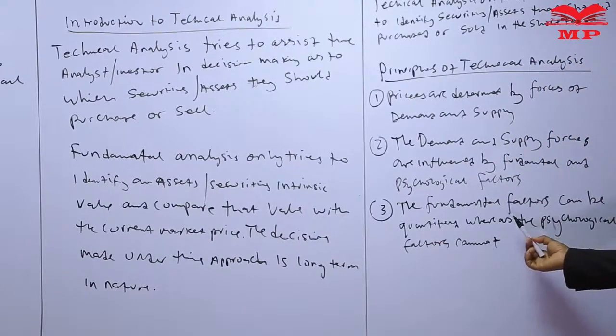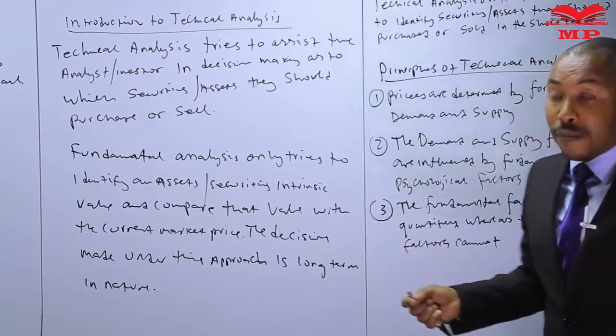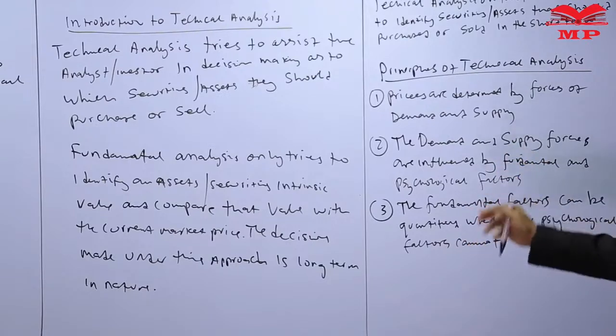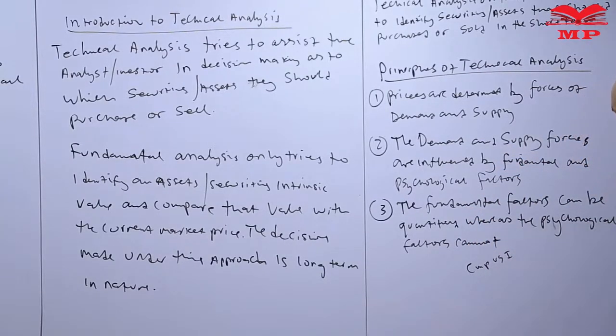So for the fundamental factors, we're talking about trying to identify the intrinsic value, where we use numbers or figures. We can at least identify this by comparing the current market price versus the intrinsic value there. So at least that one can be quantified, and a decision can be made using that.